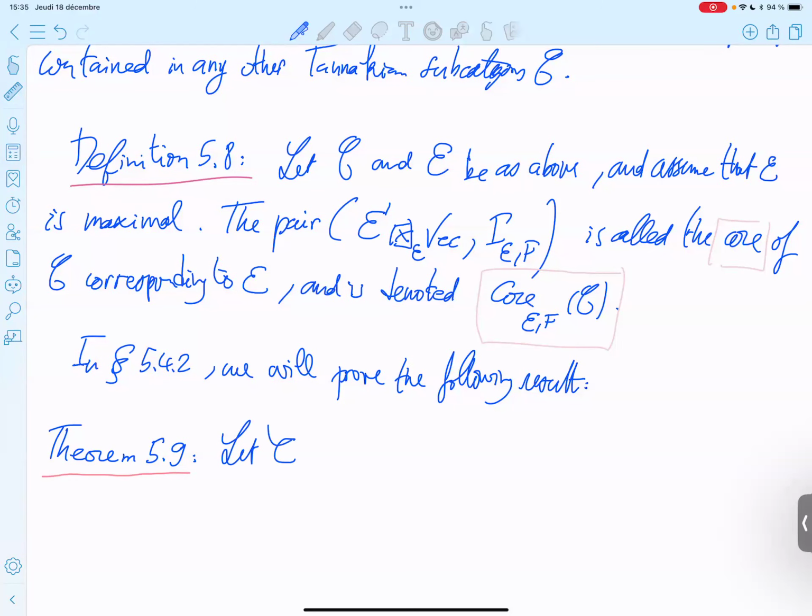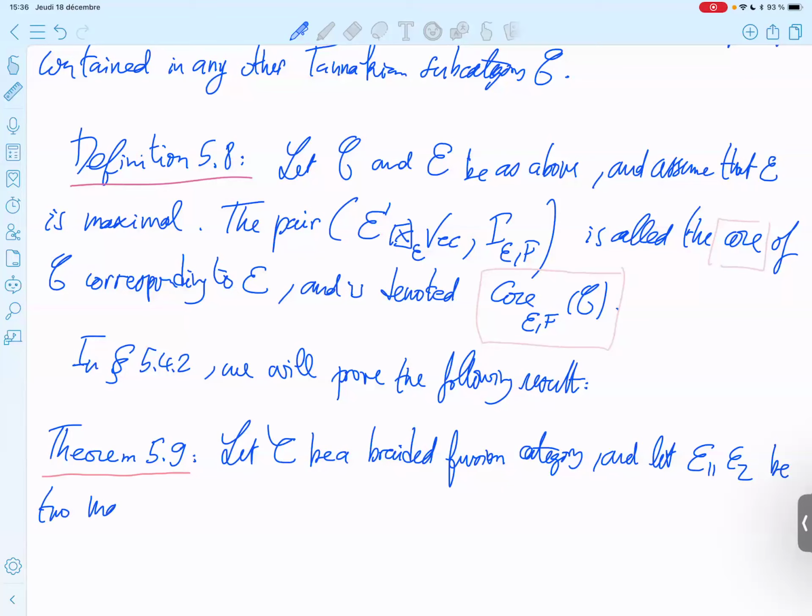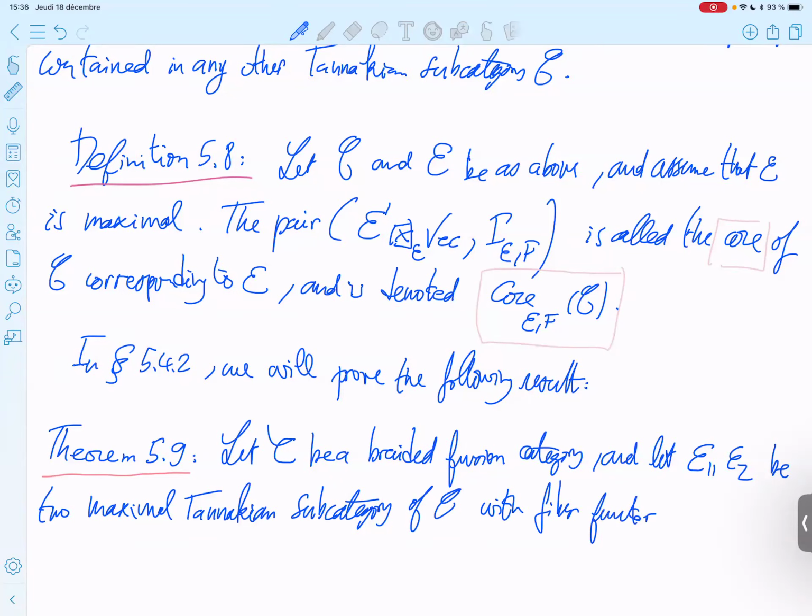Let C be a braided fusion category, and let E1, E2 be two maximal Tannakian subcategories of C with fiber functors F_i from E_i to Vec, i equal 1, 2.